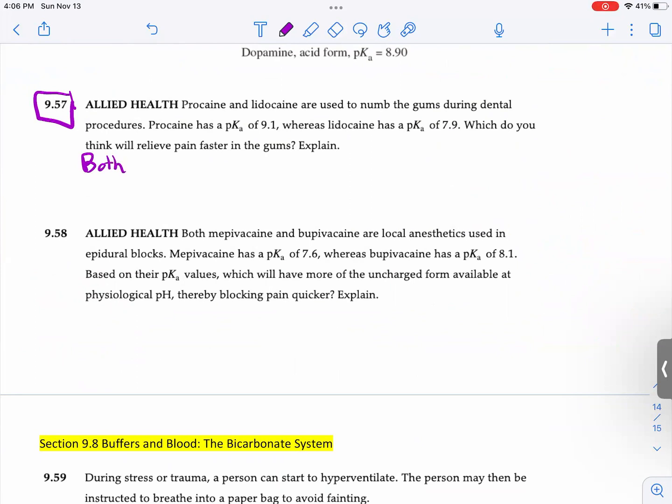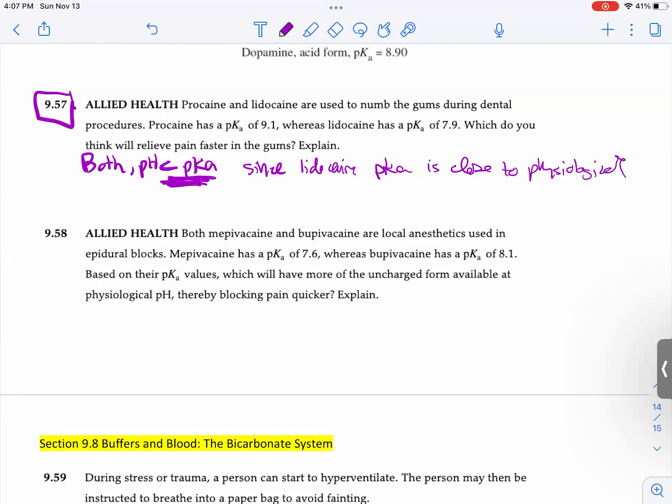So both the pH and the pKa, all right, so pH is lower than the pKa for both. So since lidocaine's pKa is close to physiological pH, right?